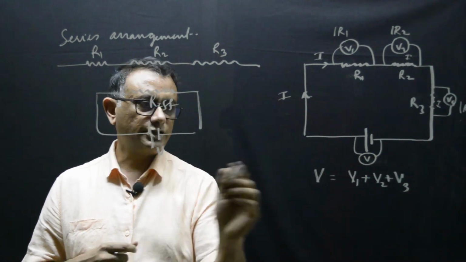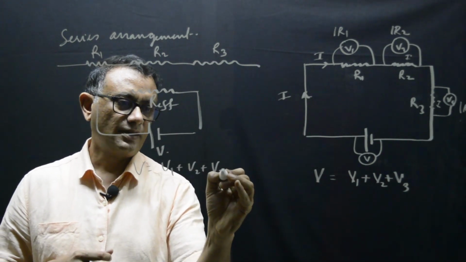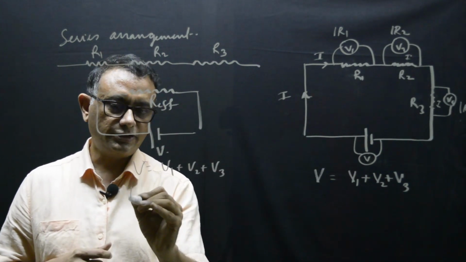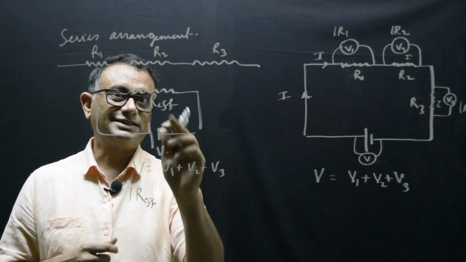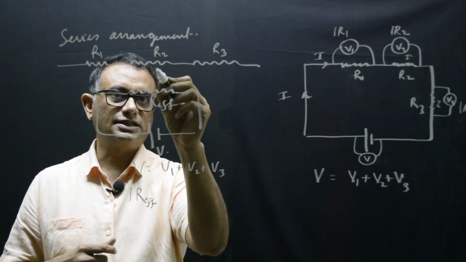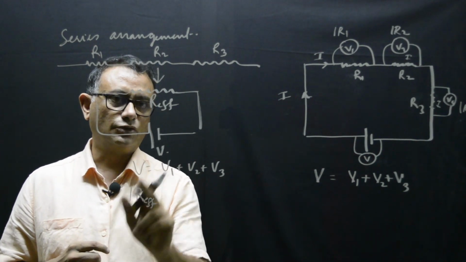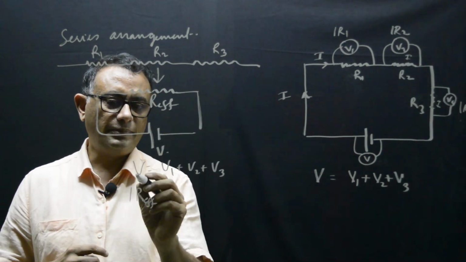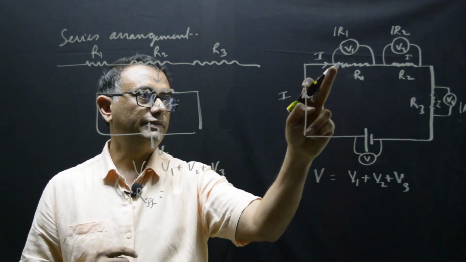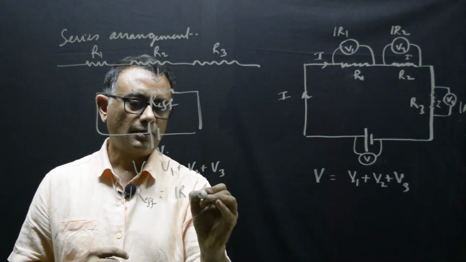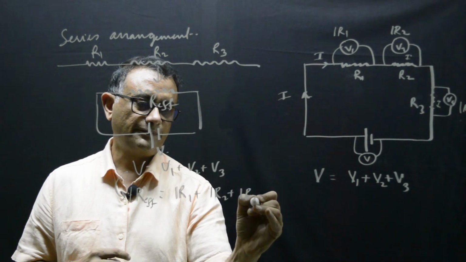So if you use the concept V is equal to V1 plus V2 plus V3, we can say V is nothing but I into R effective, because we are considering that all these three resistances are collapsed together and made into an R effective. So in this circuit, V, which is I into R effective, will be equal to V1, which is IR1, plus V2, which is IR2, plus IR3.